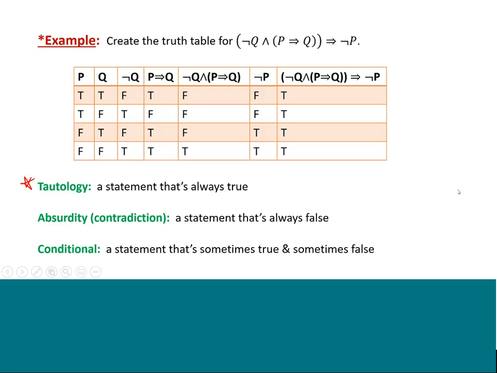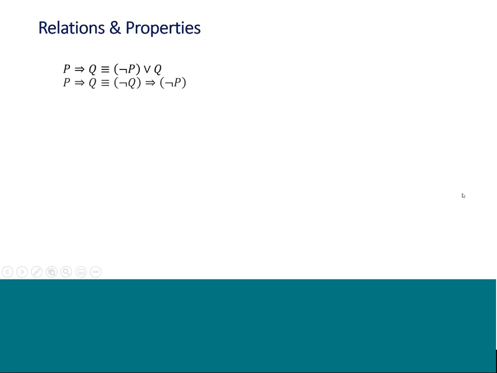Next thing I got for us is the properties of our logical operators. And this is where these properties are extraordinarily useful if you're not going to be using a truth table and you need to rewrite your logical sentences. Okay? So the first thing is really how you can rewrite implication symbols. The second line right here says implication is logically equivalent to the contrapositive. We already talked about that.